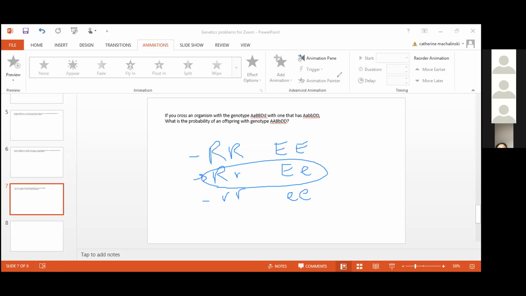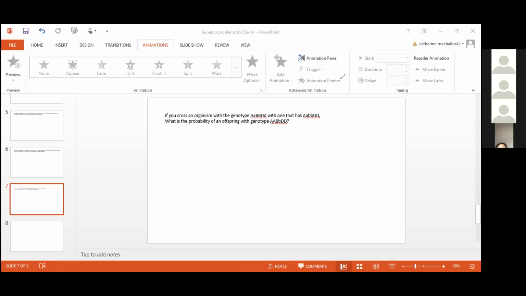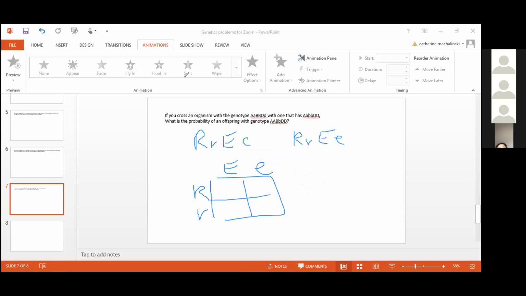earlobe shape, okay? So if we had an individual that was like this, crossed with another one like this, if you did a Punnett square and it looked like this, you'd be saying that one parent passes on the gene for the tongue rolling, but not the earlobe, and the other parent passes on the gene for the earlobe, but not the tongue rolling.